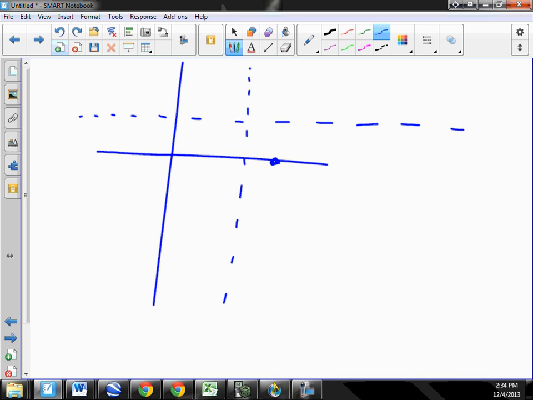Testing the critical points will let you know. So in this case, you have to test both of those critical points. And if it's on one side of the critical points, it will always be that. And if it's on the other side of the critical points, it will always be that.